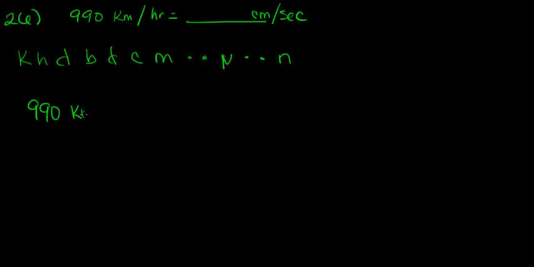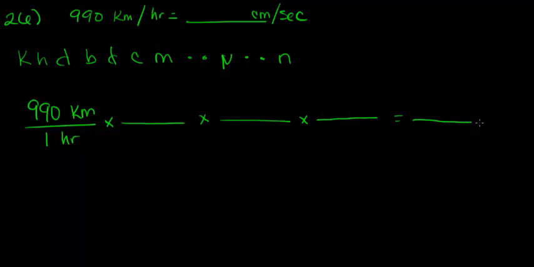990 kilometers per 1 hour times, I think we'll only need 2, maybe 3. Let's just use 2 first. Actually, no, let's do 3. And I'll show you why in a second.